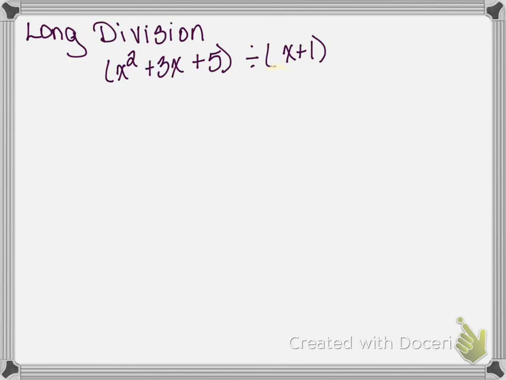So I am going to put my x plus 1 outside my box. The x plus 1 is what I'm dividing by, so it's got to be on the outside. The x squared plus 3x plus 5 goes on the inside. Okay? x squared plus 3x plus 5 divided by x plus 1.